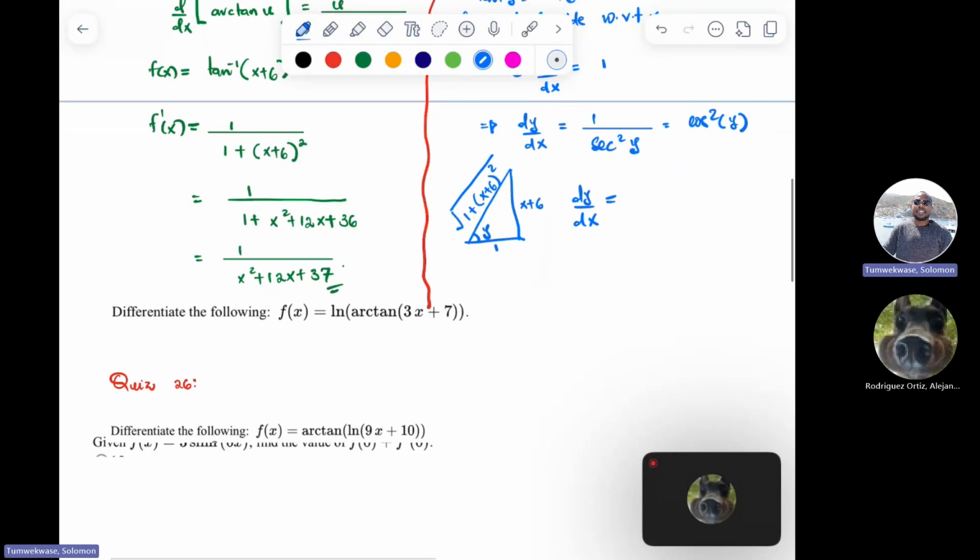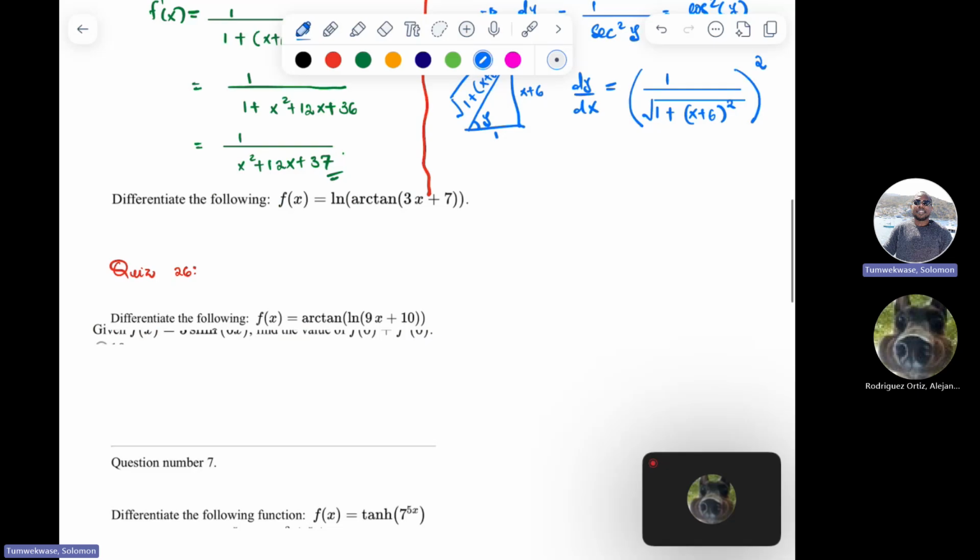So my adjacent is 1, and my hypotenuse is the square root of 1 plus x plus 6 squared, but that is just the cosine, and I'm squaring it, so the whole of this guy will be squared.